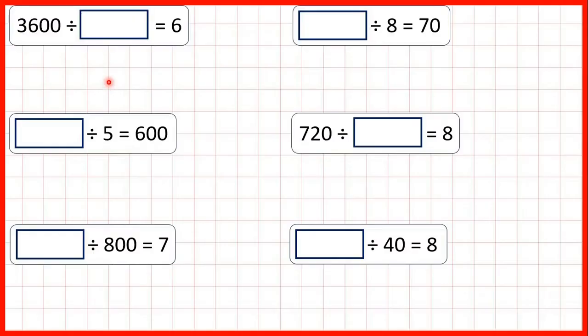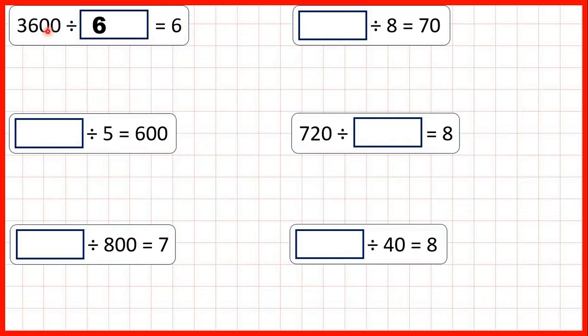Now we have some missing number division problems for multiples of 10 or 100. So first, 3,600 divided by what equals 6? Well, if we ignore the zeros for a moment, we know that 36 divided by 6 is 6, because 6 times 6 is 36. Now in this question, we have 2 end zeros in our dividend, but we don't have any end zeros in our quotient.